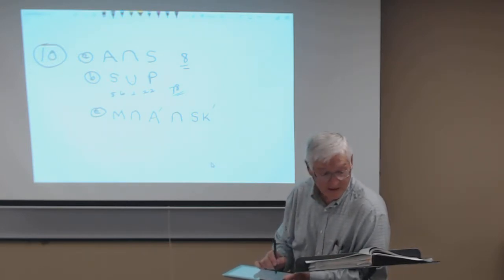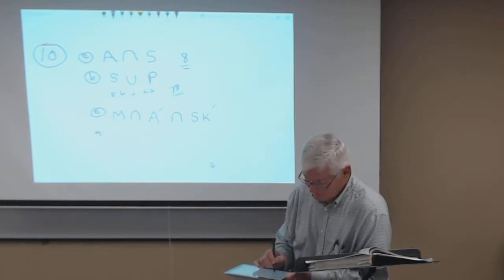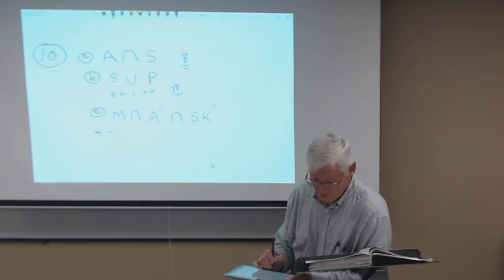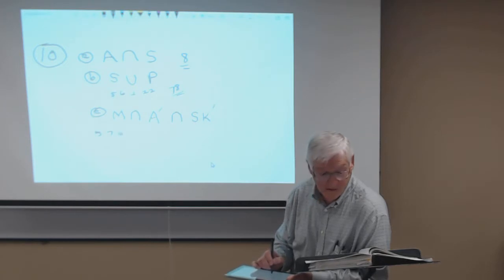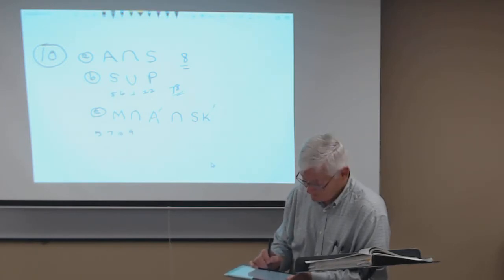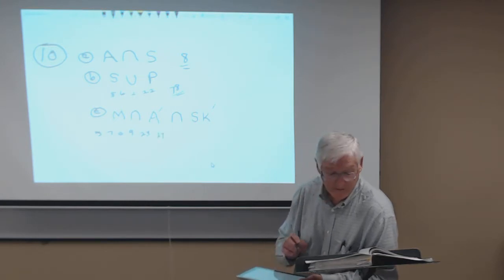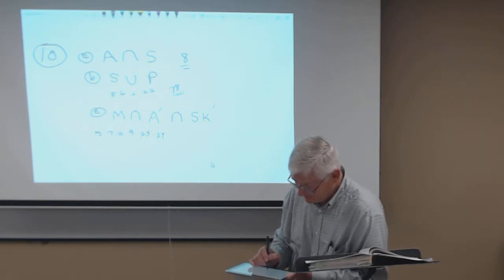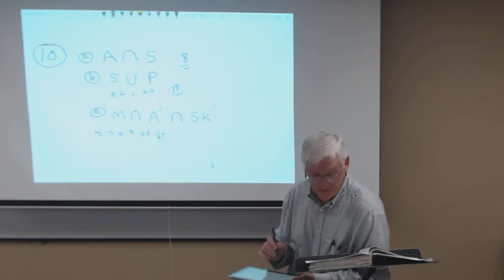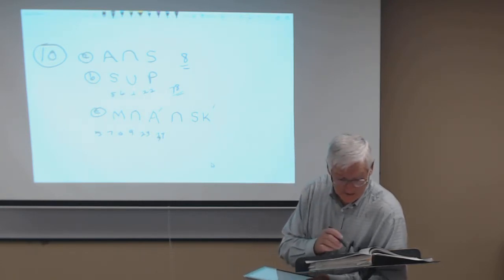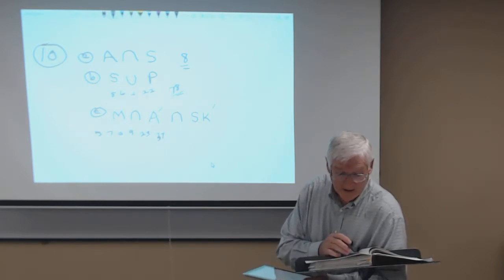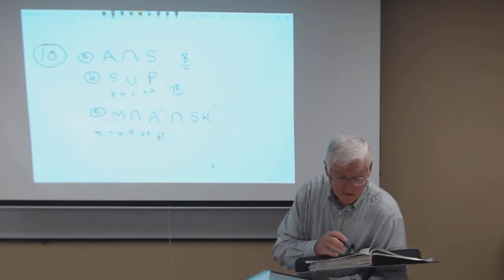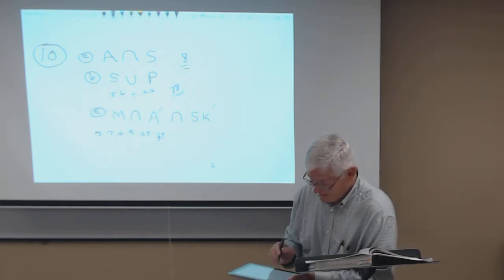M is what? 5, 7, 0, 9, 23, and 27. Agreed? 37. If you copy them down wrong, you'll miss them for sure, won't you? 37. That's the manufacturing row. Where does that intersect with A? At the 5?